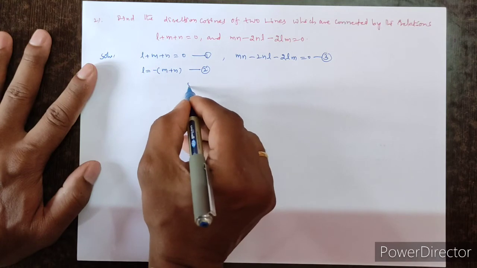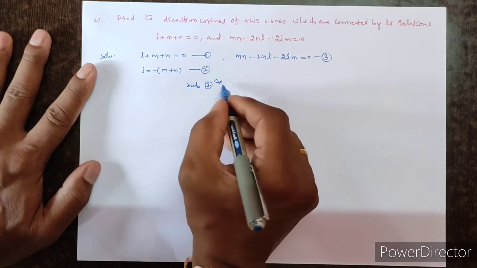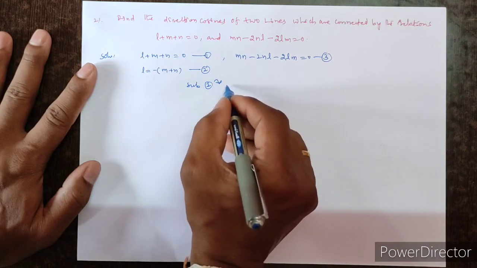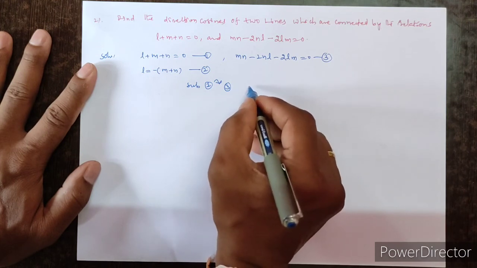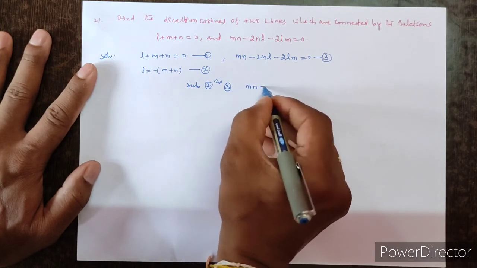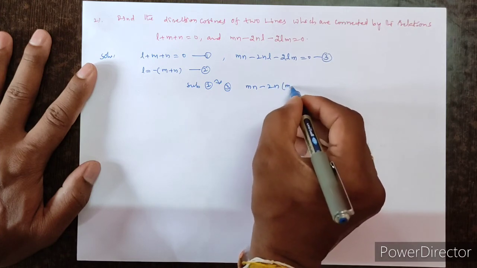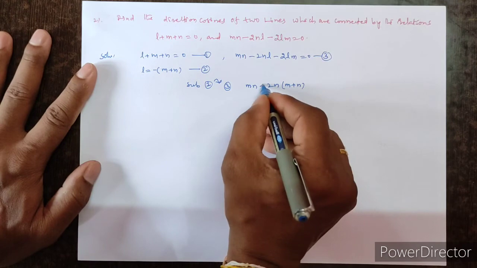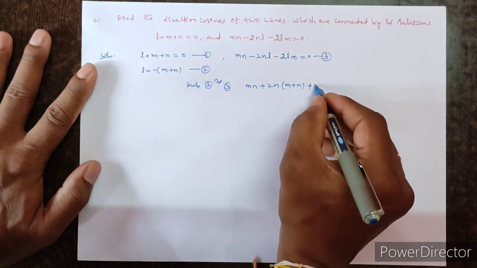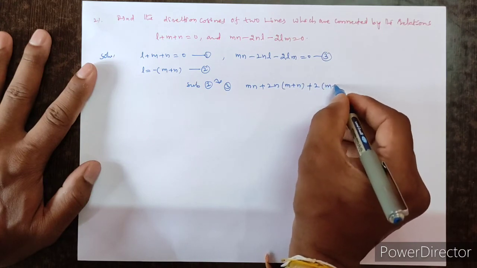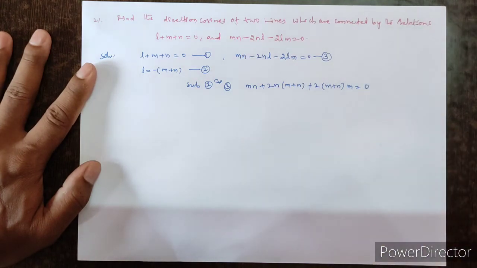So substitute the l value from equation number 2 into equation number 3. Then mn minus 2n of l is nothing but minus of m plus n, so minus into minus is plus, 2 of m plus n into m equal to 0.